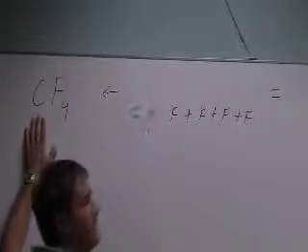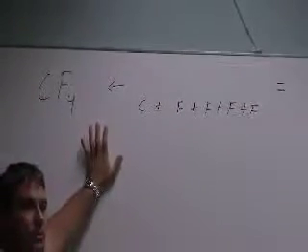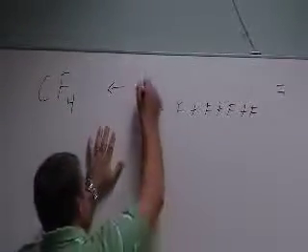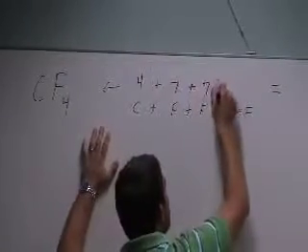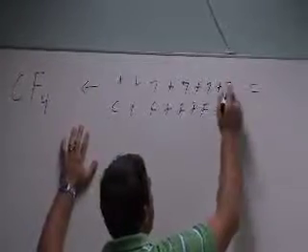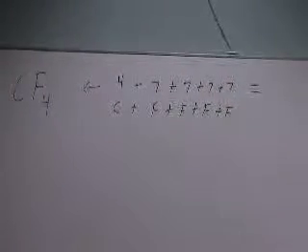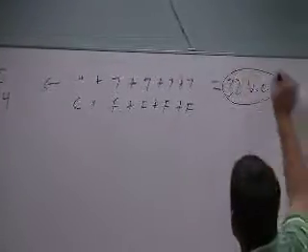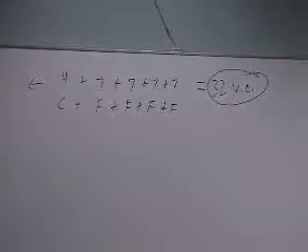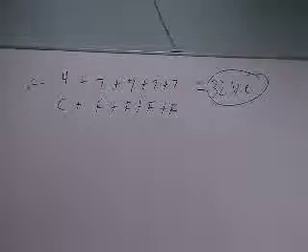So how many valence electrons does carbon have? 4. Wonderful. How about fluorine? 7. So how many is that total? 28 plus 4 is 32 valence electrons. Is there anybody confused about how you would do step 1 in getting the picture of the compound?